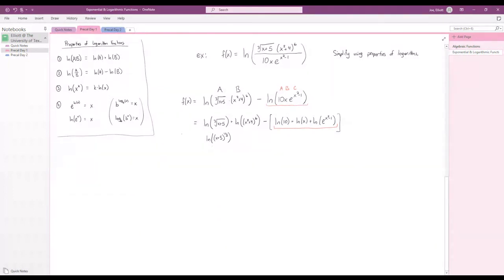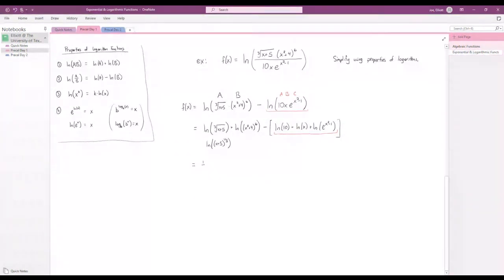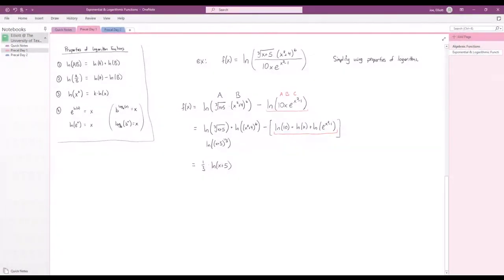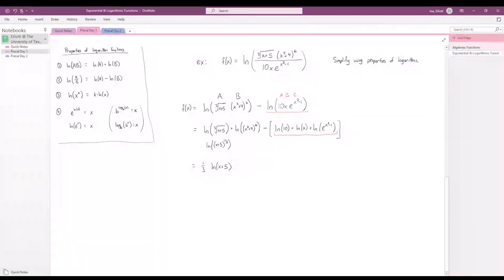And we can use the third property for something like this. That third property allows us to take the exponent of 1/3 and pull it out to the front. And we're going to do the same with this term here. We can also use the third property and pull the 6 out to the front.